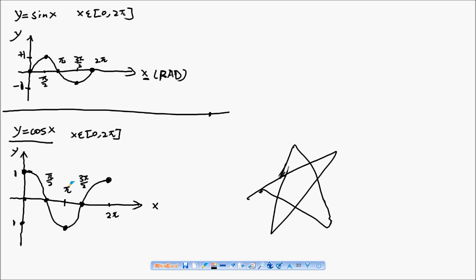Again, please memorize how to draw this graph. It's very simple, and in Math Methods you have to do that.